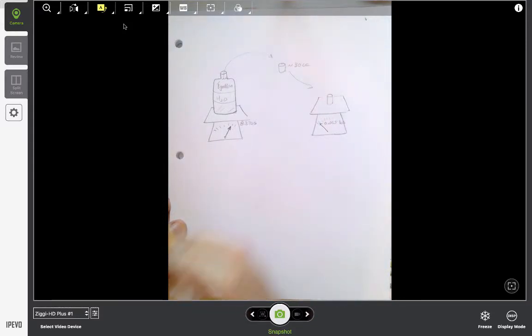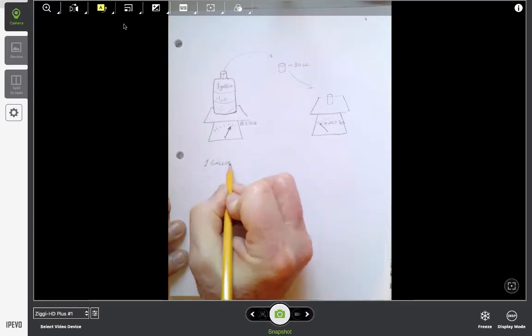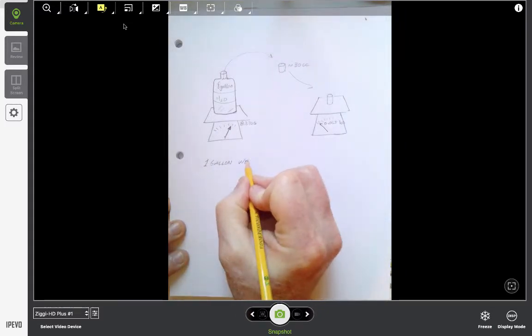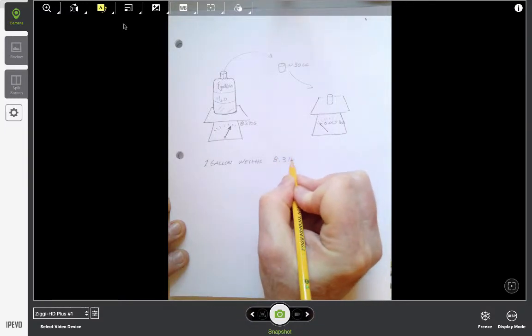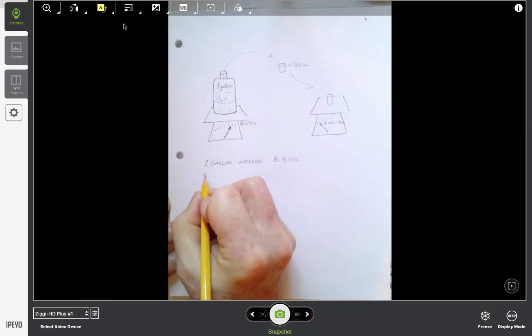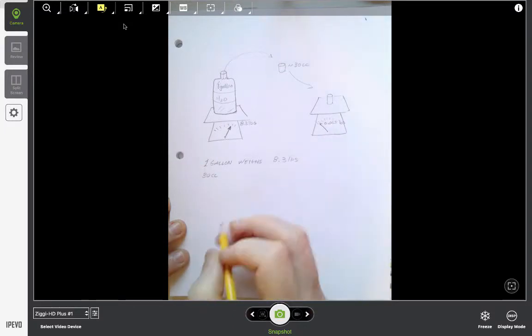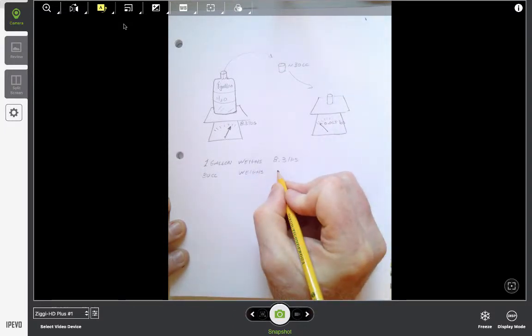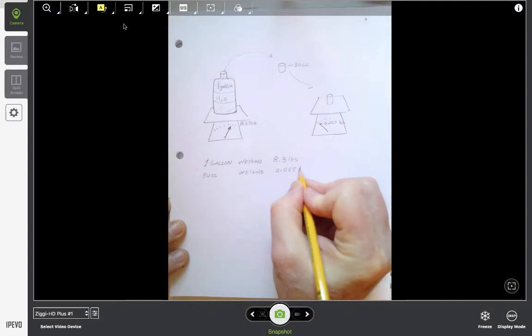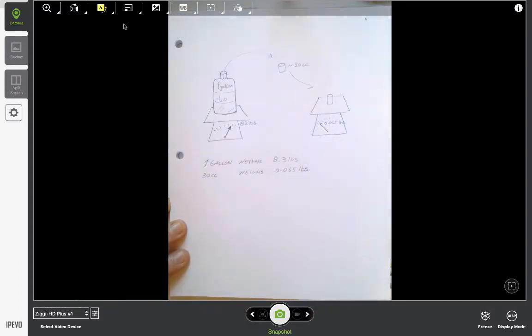Okay, so let's summarize what we have. 1 gallon weighs 8.3 pounds. 30 cc's, when we weigh it, weighs 0.065 pounds.